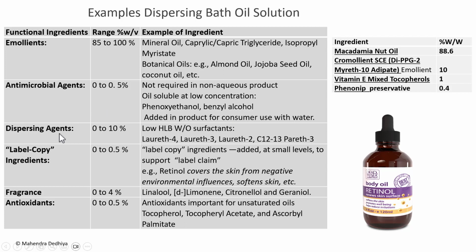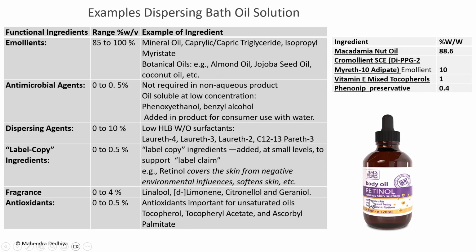Products contain a dispersing agent. These are low HLB surfactants. Again, there are many surfactants that have low HLB. Here are some of the examples: laureth-4, laureth-3, laureth-2, C12, C13, pareth-3. In addition to that, cosmetic products, including bath oils, contain label copy ingredients. Generally, label copy ingredients are added at a small level to support the label claim. Bottle of body oil with retinol.